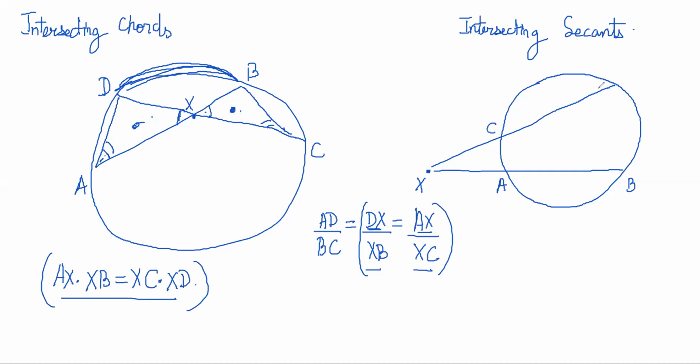So XA into XB will be equal to XC into XD, right? Again, what you will prove is that this is a cyclic quadrilateral, and triangle XBC will be similar to XDA.